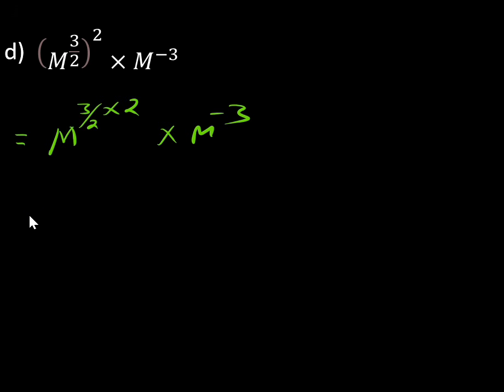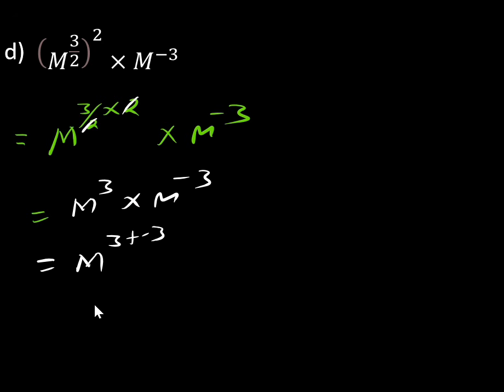So these 2 and 2 will cancel, remain with m raised to power 3 times m raised to negative 3. And therefore, when you're multiplying the same base, take one base, m, add the powers. This is 3 plus negative 3. And therefore, the answer will be m raised to 0, which we know is 1. But the question said we leave it in index form.